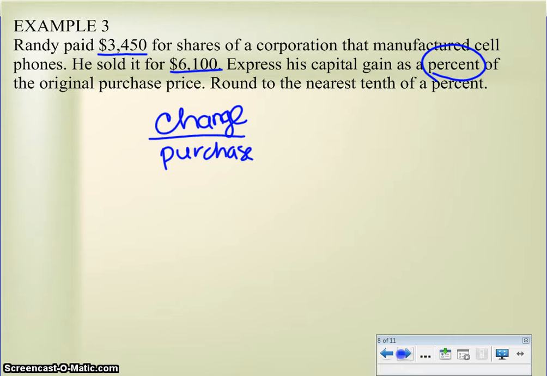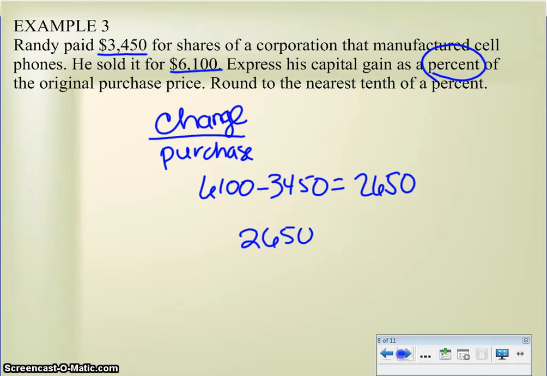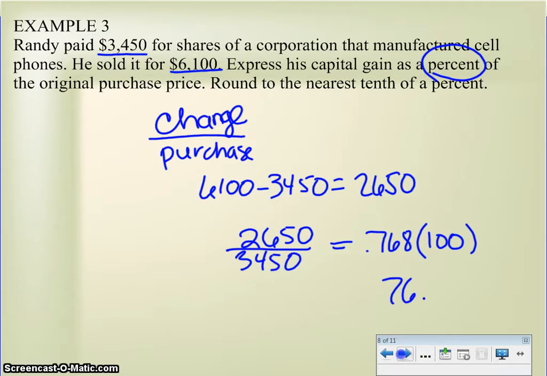When we take $6,100 and subtract the $3,450, we get $2,650. So our ratio here is $2,650 divided by the purchase price, which is the $3,450, which gives us 0.768. We need to express that as a percentage, so we're going to multiply it by 100. And it's a capital gain increase of 76.8%.